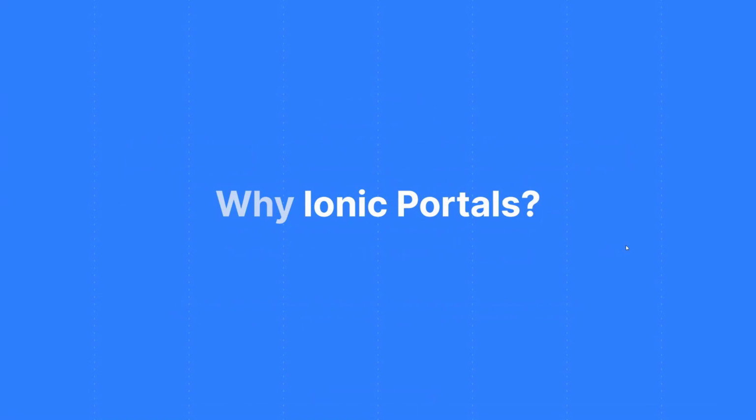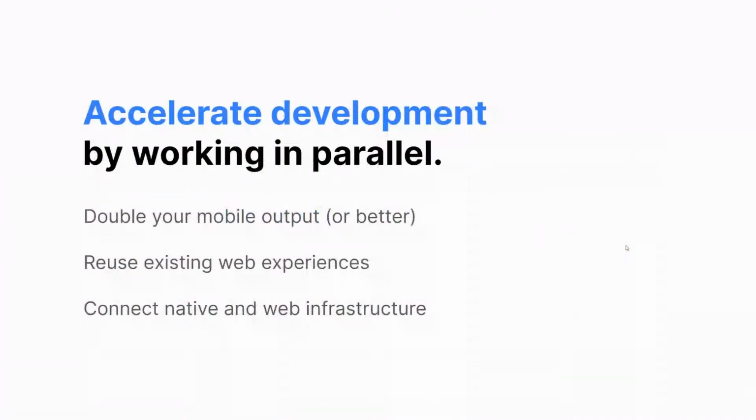So ultimately, why should you take a look at Ionic Portals if you've got native mobile apps that you're maintaining today and want to move faster and reuse web content in them? Well, as we talked about, the whole goal of this and the benefit is accelerating your development by working in parallel with your web and native teams.